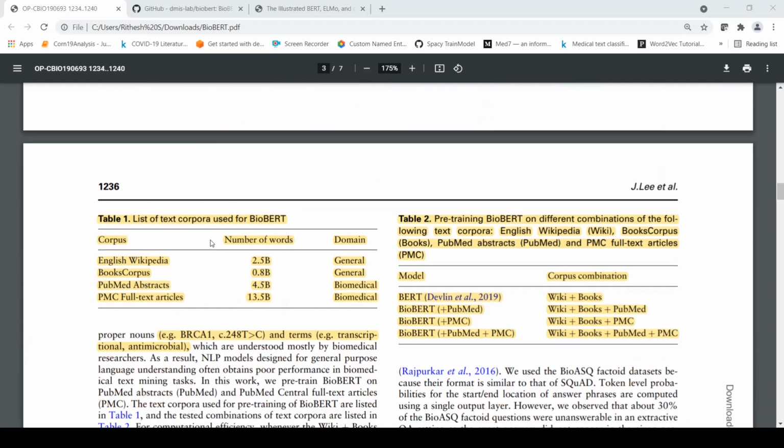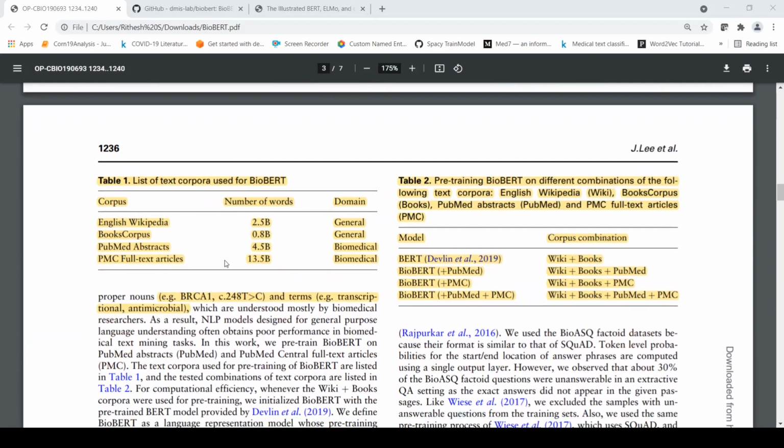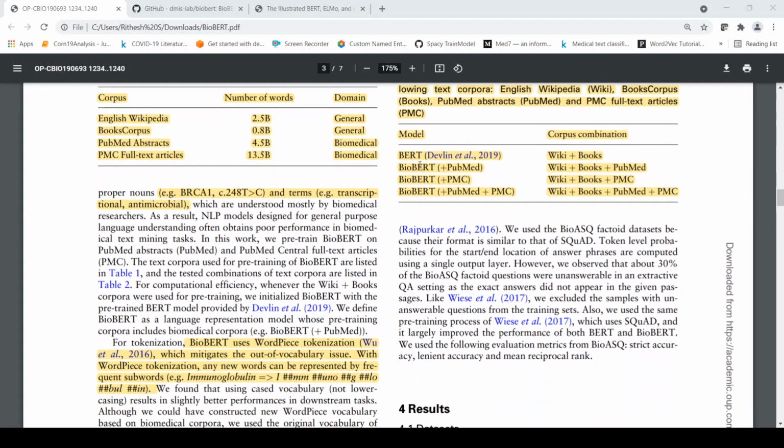So this is the size of the corpus as I explained before. BioBERT is nothing but a BERT model which has been pre-trained on PubMed, PubMed Central, PubMed abstracts. So that is the minimum BioBERT. You can have these different configurations.